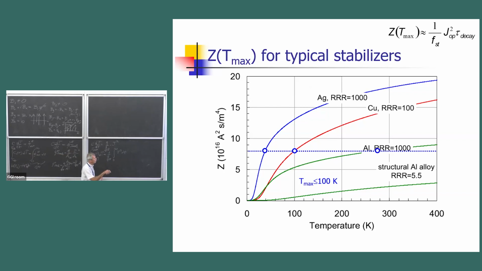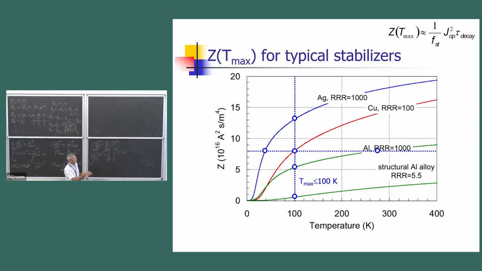Now, if we had used silver at high purity, we would have had much more ability to absorb that energy, and that would have resulted in a lower maximum temperature. If instead we used aluminum, then we would have reached a much higher temperature, using that Z correspondence.